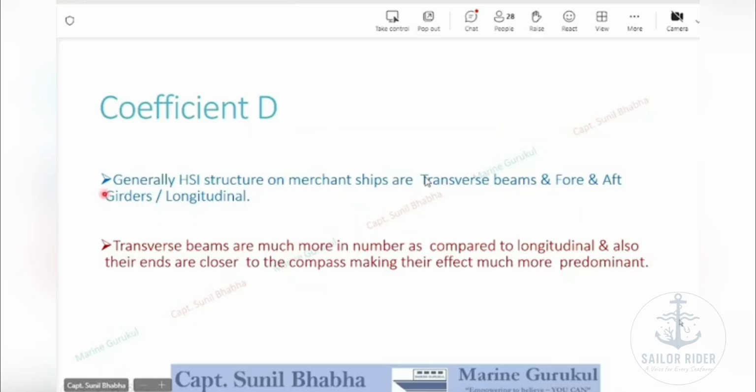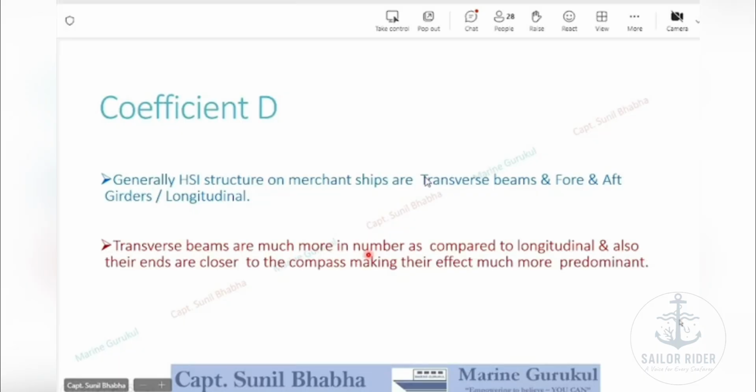Now let's go into the generation or the cause of the coefficient D. Generally, HSI, horizontal soft iron structures on merchant ships are transverse beams and fore and aft longitudinals or girders. Now, out of these two, the transverse beams are much more in number.